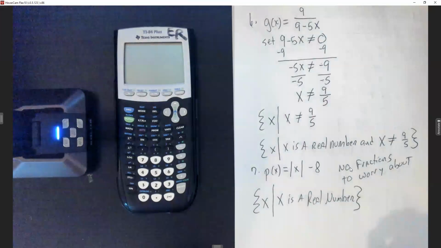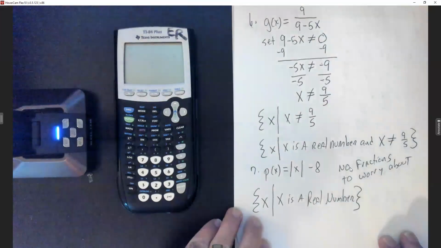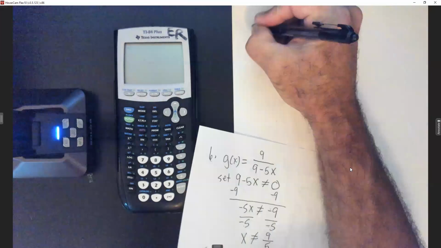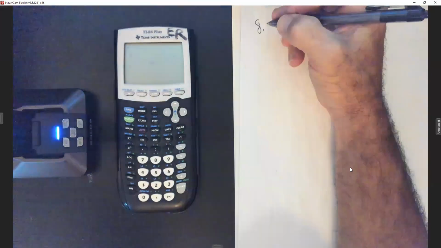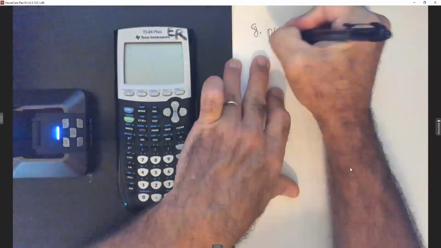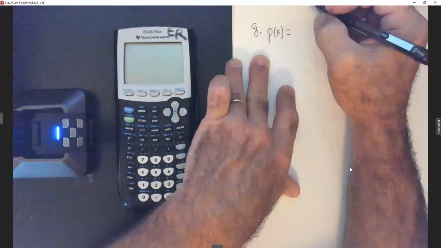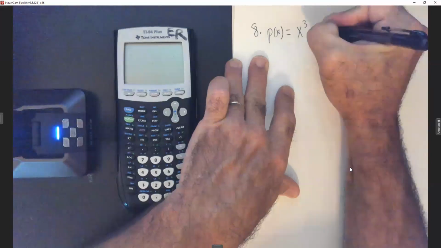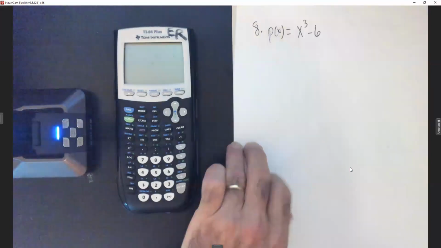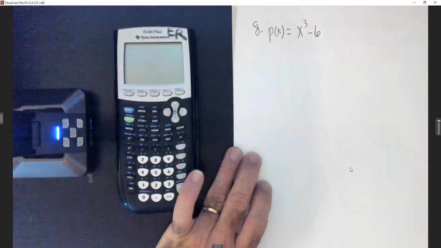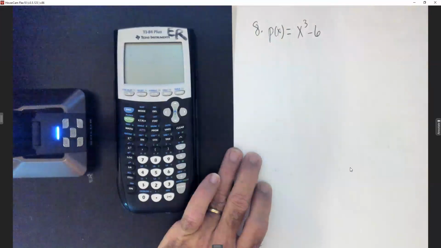Right, y'all, so one more will be number 8. And this will be the last of 2.3. This one has P of x equals x to the third minus 6. Well, once again, there is no fractions to worry about.